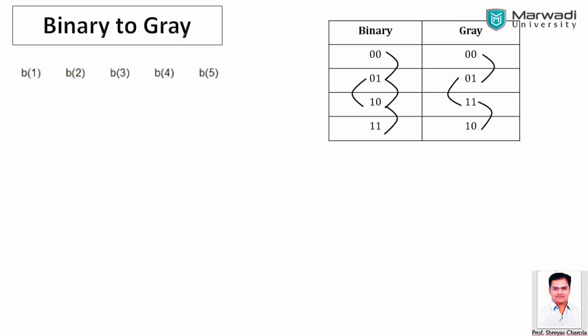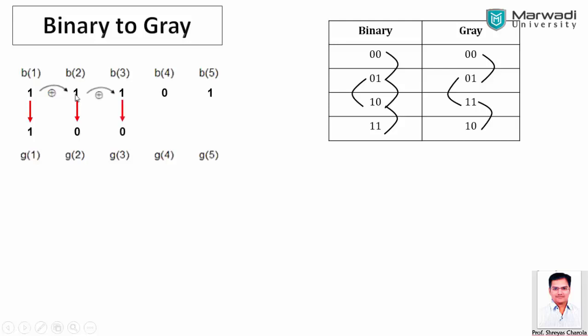Let's first see how to convert a binary number into a Gray number. Consider you have a 5-bit binary number, 1 1 1 0 1. Now I need to convert this number into a Gray number. What are G1, G2, G3, G4 and G5? The first bit, B1, should be written as it is. Next, you have to do the XOR of B1 with B2, and 1 XOR 1 gives output 0.